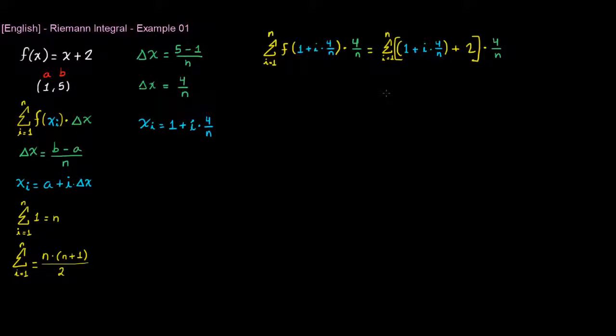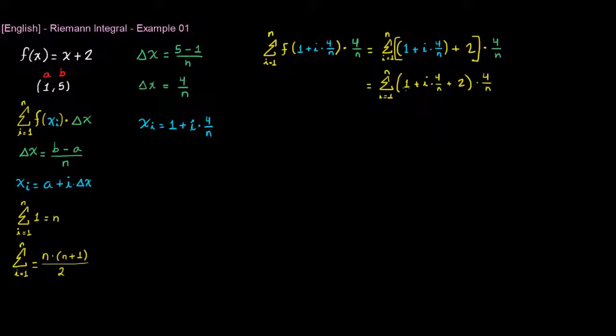This will be equal to the summation starting from i equal to 1 to n. I can get rid of the bracket, so it will be 1 plus i times 4 over n, plus 2, times 4 over n.